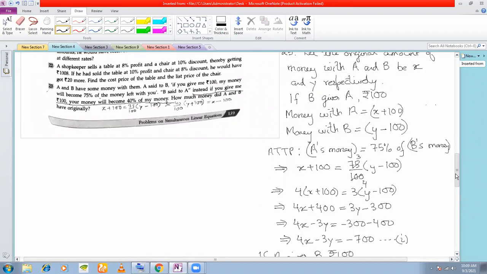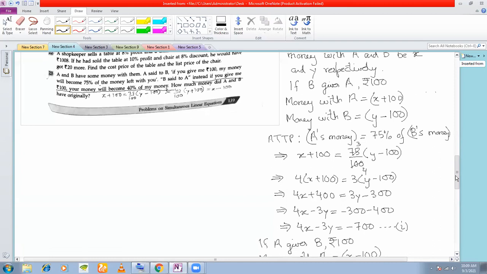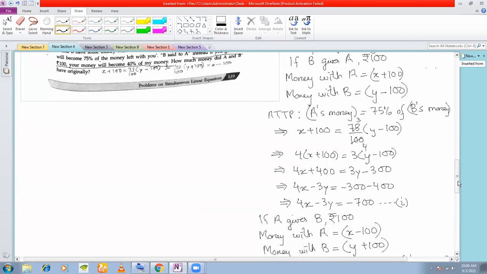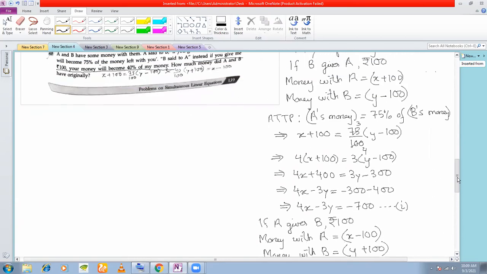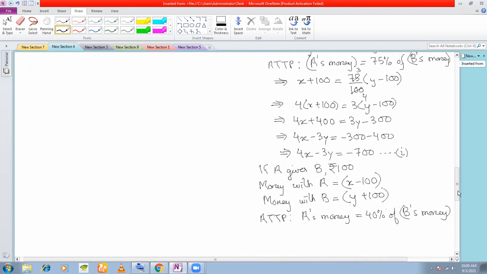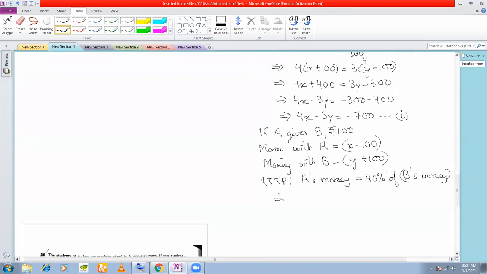Is this clear? Yes, sir. Okay, now just put the values here. So you'll get the second equation. A's money here is X minus 100, 40%, and B's money is Y plus 100.